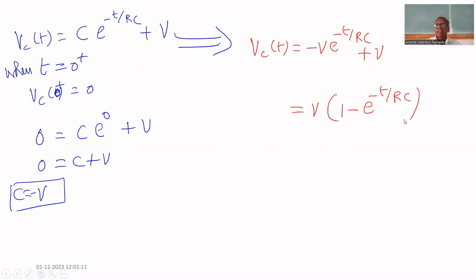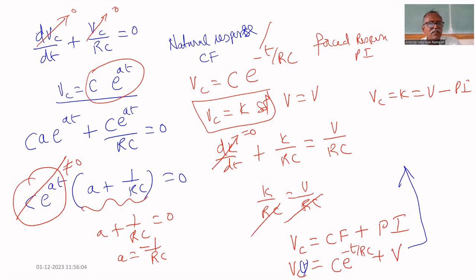If we solve this by time domain, it will be like mathematics class. Vc of t you found. This is the answer. In mathematics class, if you are asked to solve this differential equation, what is the differential equation? This is the differential equation given.